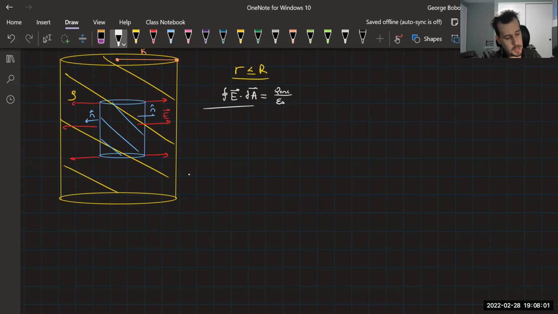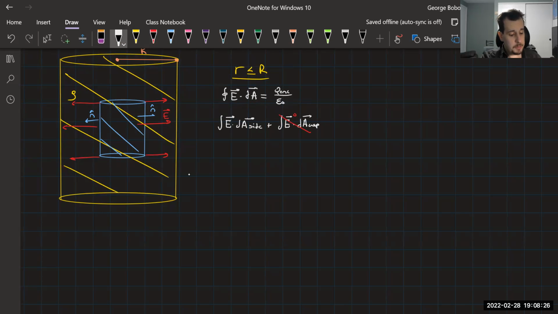In this integral, remember how we used to break it into two parts, or multiple parts rather. Here I can break it into the side of the cylinder and the caps. But the caps, like we said, no electric field crosses them. Therefore, this integral is actually 0, and you only have to do the side.